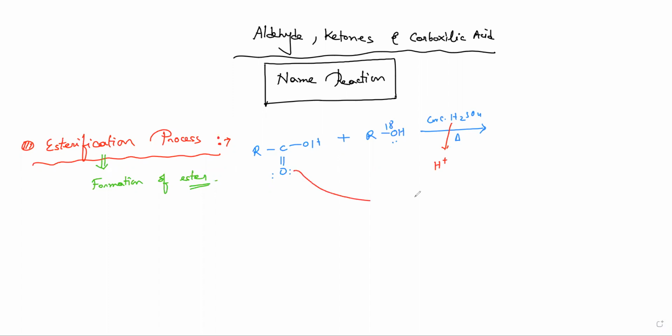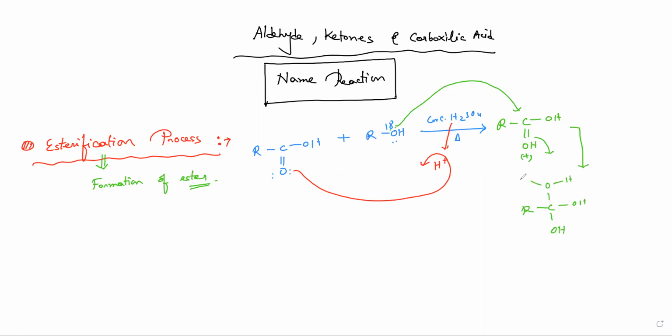So this lone pair can easily take H plus ion, and after taking H plus ion it becomes OH. Now the lone pair attacks here, this one breaks, so what you get is RCOH, this bond is OH, and this one is OHR18.